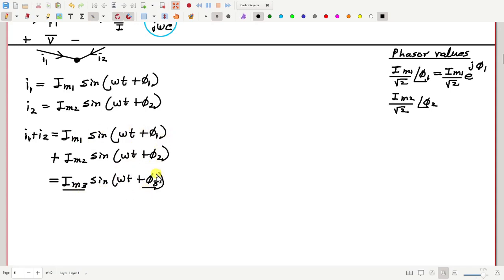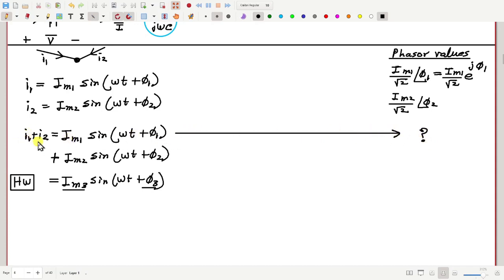You may have to do say half a page of calculation, which may take around 5-6 minutes. So that I will keep as your homework. Simplify this using trigonometric formulas. But we can always show that the sum of two sinusoidal functions is always going to be a third sinusoidal function.